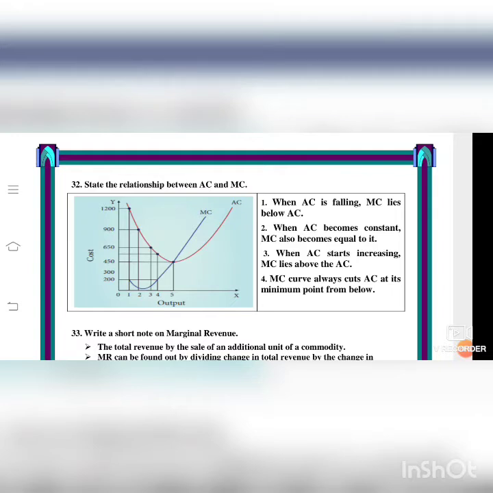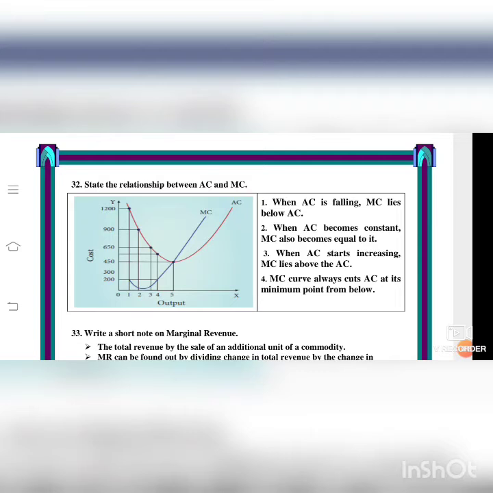When the average curve is falling, the marginal curve lies below the average curve. When the average curve becomes constant, the marginal curve also becomes equal to it, also constant.